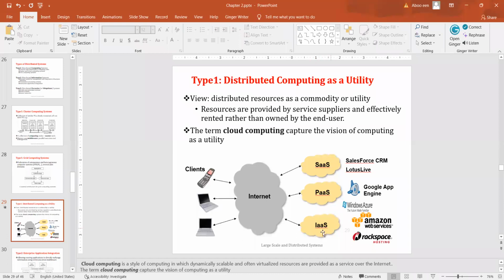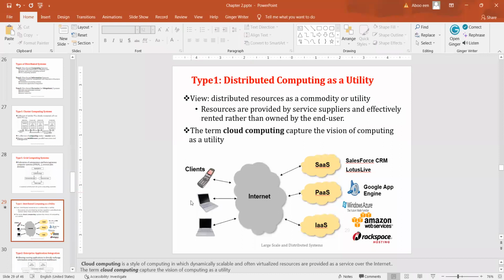So these are infrastructure as a service. Here you see the end users and clients, with the help of the internet, these services can be provided.